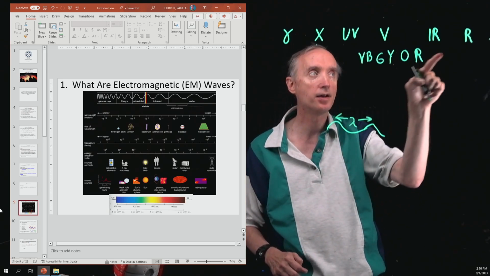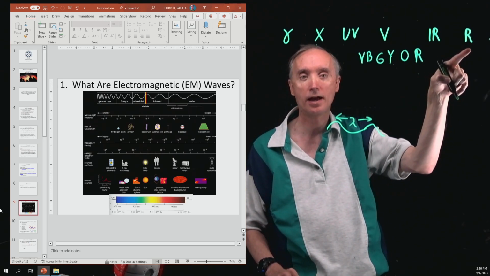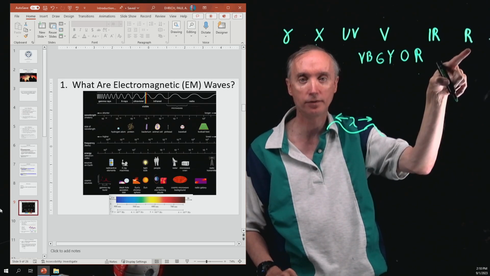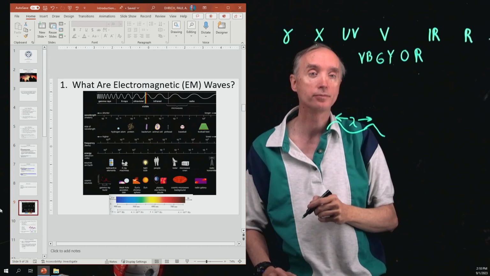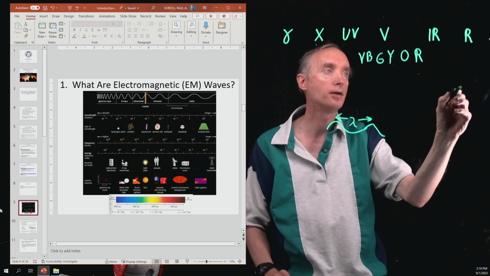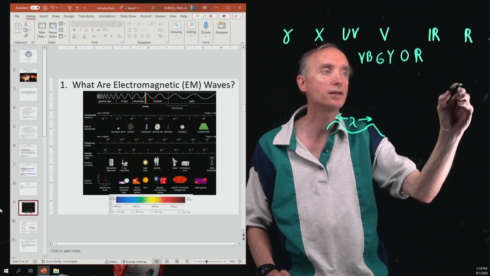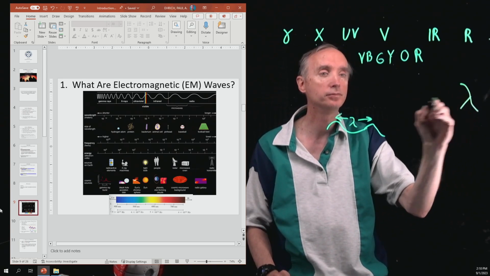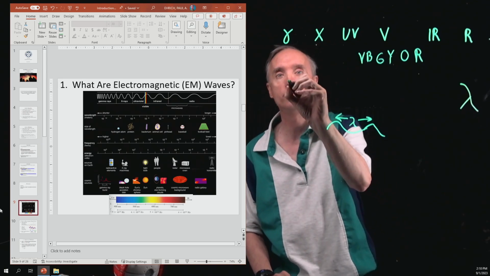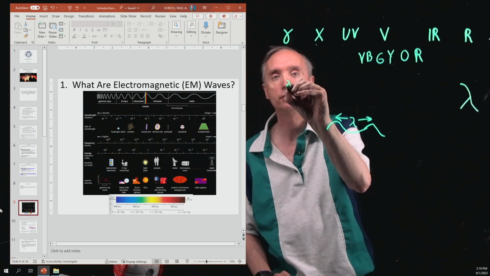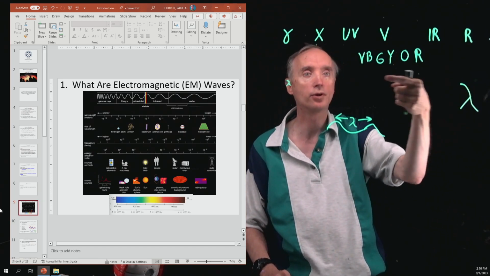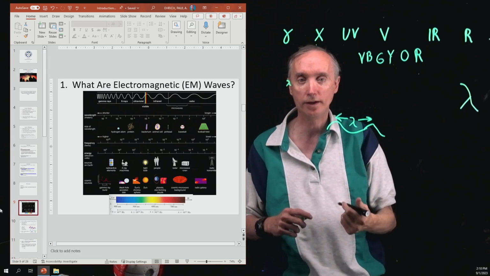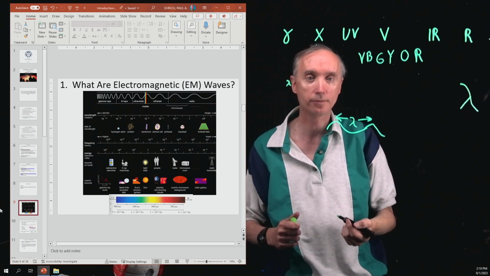Notice that radio waves have the largest wavelength, and as you go this way, the wavelength gets smaller. So let me represent that by putting a gigantic lambda over here, and then a little lambda over here. The wavelength gets smaller and smaller across the spectrum.